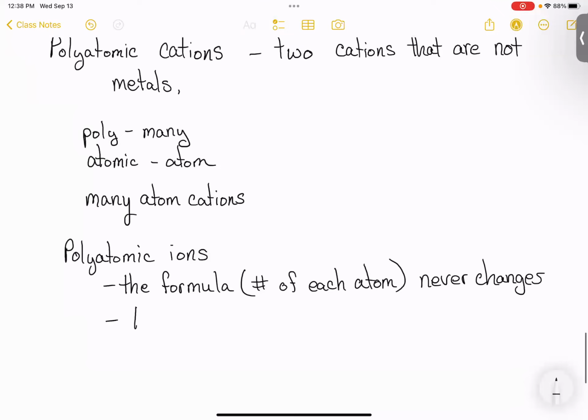And the charge never changes. So in other words, you can basically memorize these because they're always going to be the same.